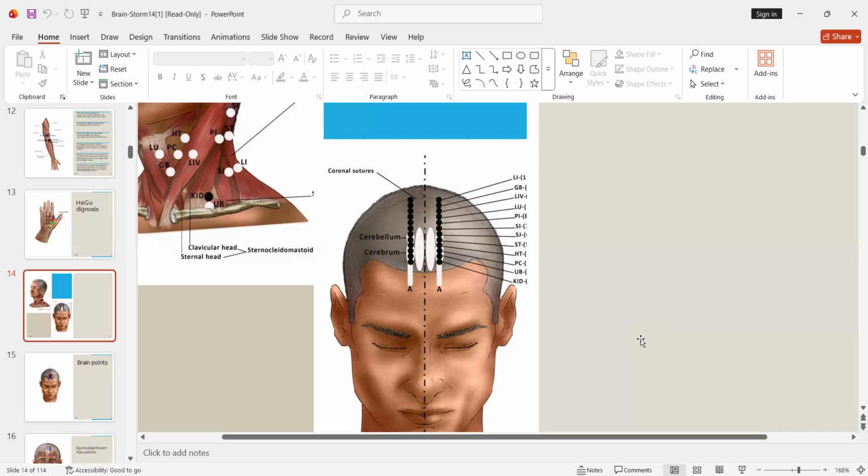So your needling is perfect and you got good results. I told you the liver is the most important organ of our body, and the vagus nerve is the most important nerve of our body.